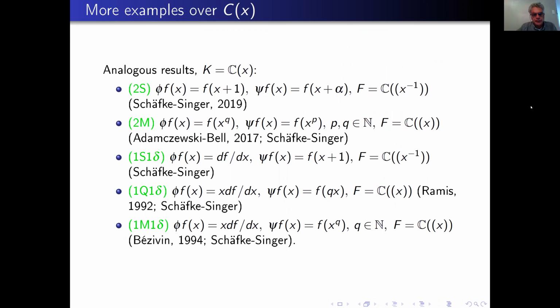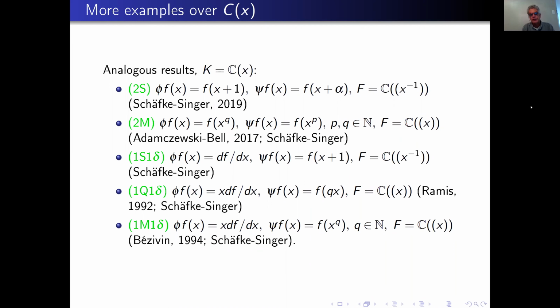So in this paper of Schäfke and Singer, they mention at least 5 more examples of this kind of theorem that concern two commuting shift operators, so the classical difference operators, or two commuting Mahler operators. These are operators where you raise x to the power p and the power q.